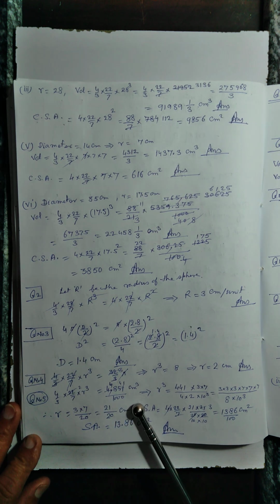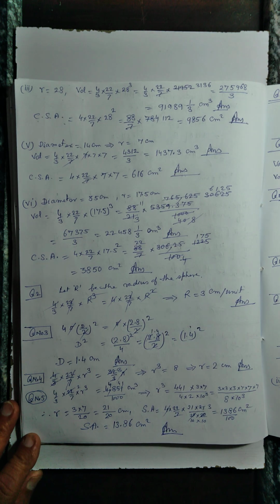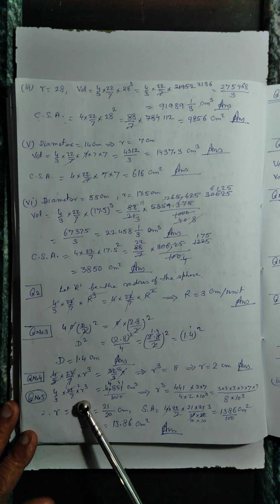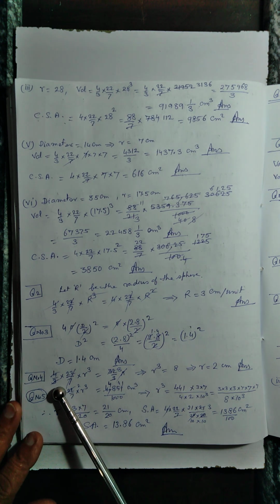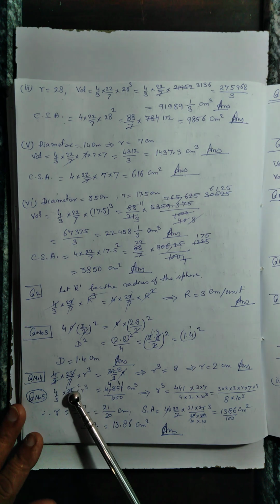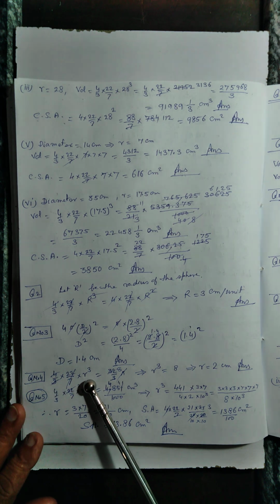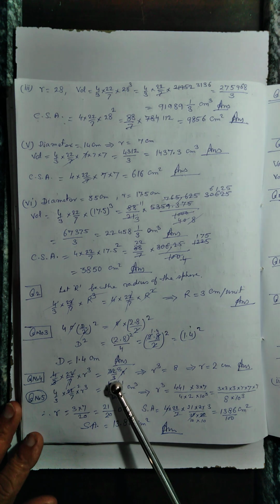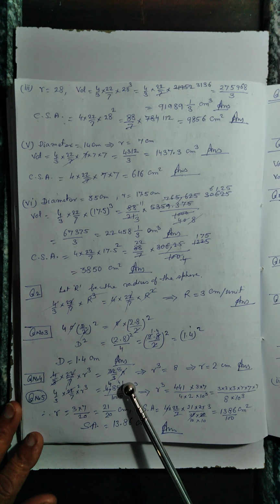Now come to question number 4. Question number 4 states that find the radius of the sphere whose volume is 32 by 3 pi centimeter cube. Now see, 4 by 3, 22 by 7 r cube. This is the volume and it will be equal to 32 by 3 pi.